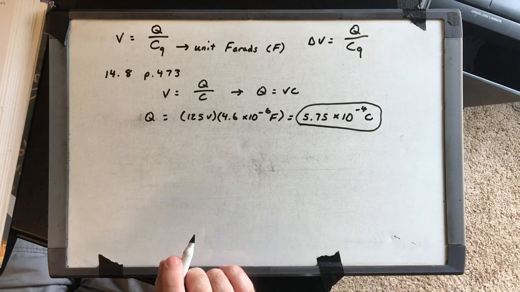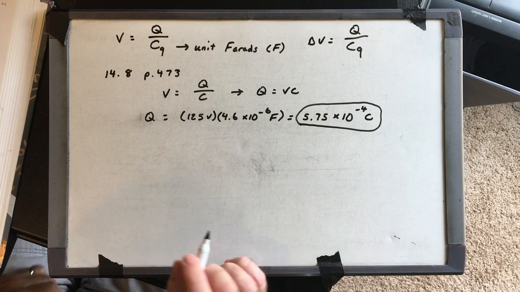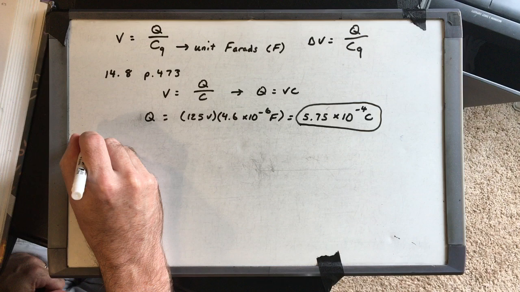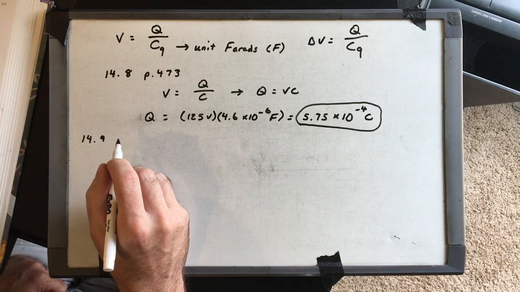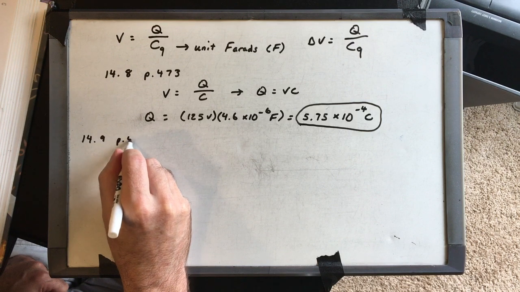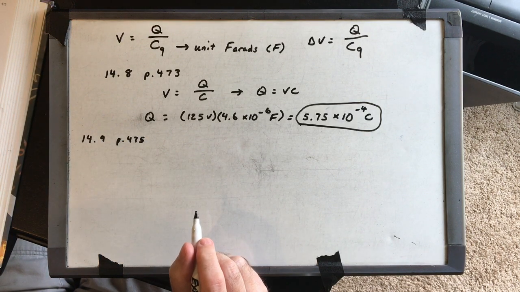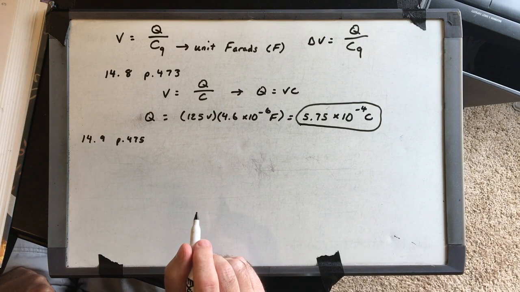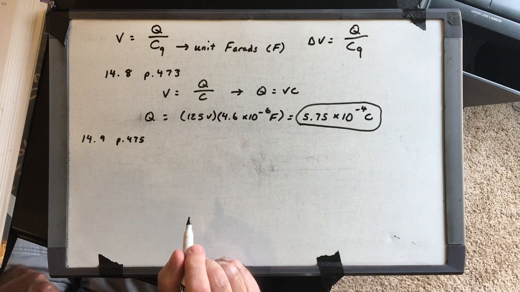All right, so just a basic problem to try to get you to memorize the capacitance equation. So let's look at 14.9. All right, so this is on page 475. So reading along with that, it says a proton, and it gives the mass of the proton and the charge, is placed at the edge of the positive plate of a 3.4 times 10 to the minus 6 farad capacitor.